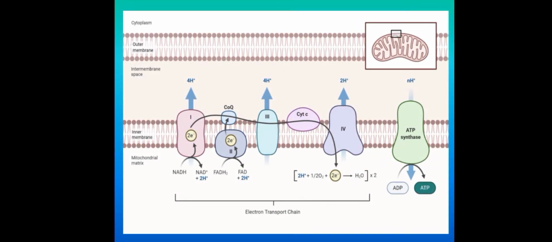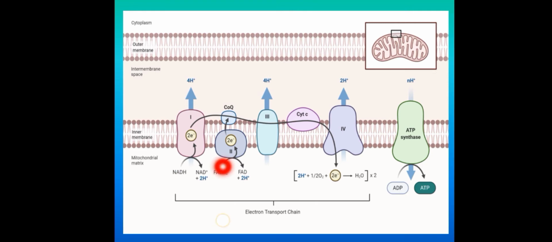Now, let's take a small portion of this mitochondrial membrane. This is the outer membrane. This is the inner membrane, and in between this outer and inner membrane we have intermembrane space, and this is the matrix of the mitochondria.